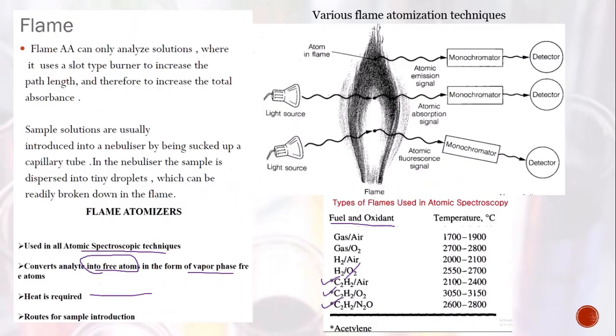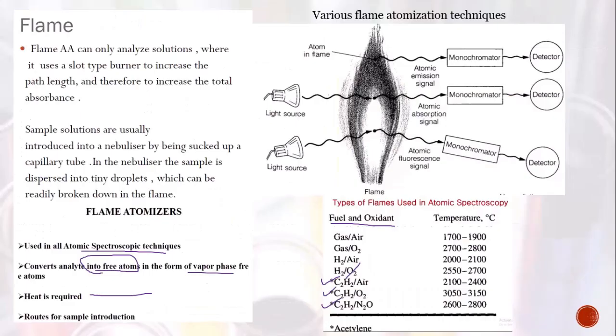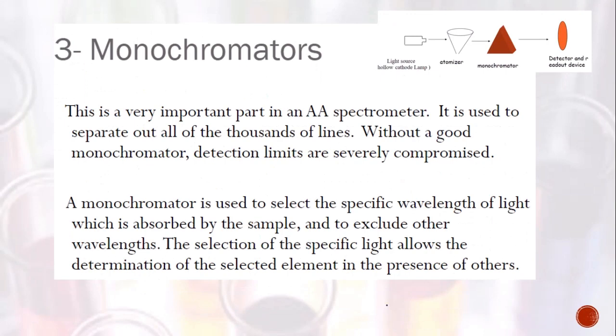So essentially, we have said that we already have our light source. Now, the atomizer is where you have your sample of interest, and it must be made into gaseous form. Then after that we have the monochromator.